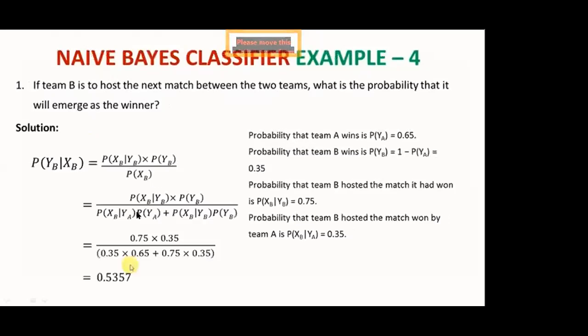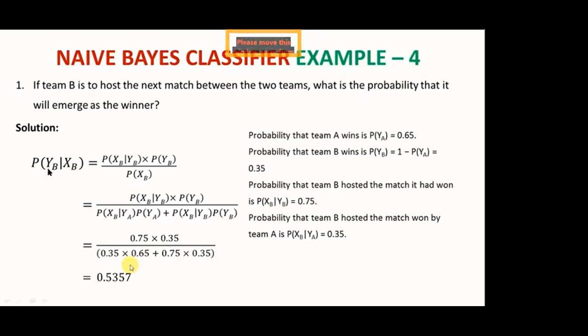So the denominator P of XB is nothing but P of XB given YA into P of YA plus P of XB given YB into P of YB. So with this data, this can be written like this. If you substitute these values, now we know all of them, you'll get this answer.